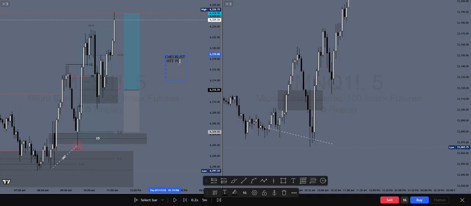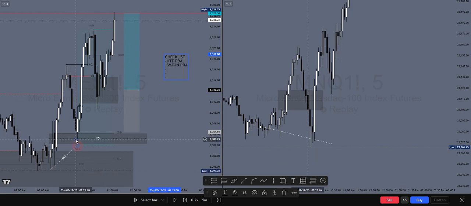Higher time frame PD arrays. Our next one would be, as we wait, using both of our eyes on these correlated pairs, we're going to seek out an SMT in our PD array or around.